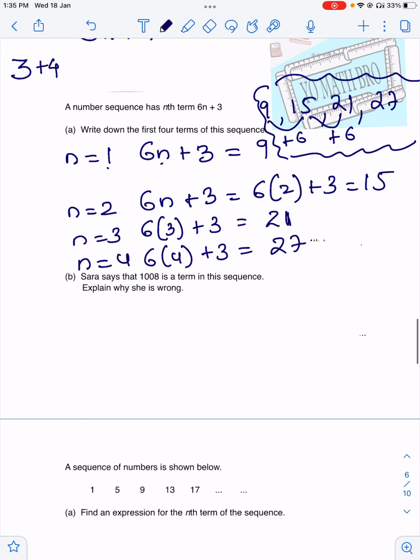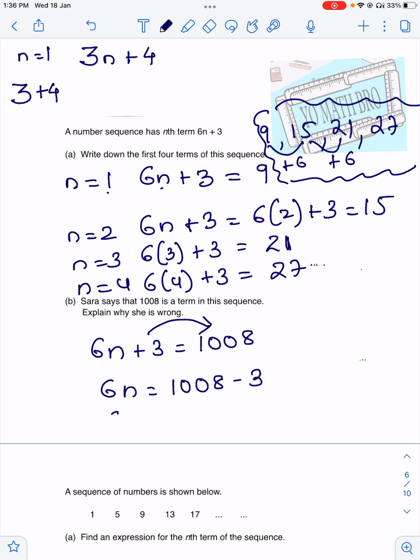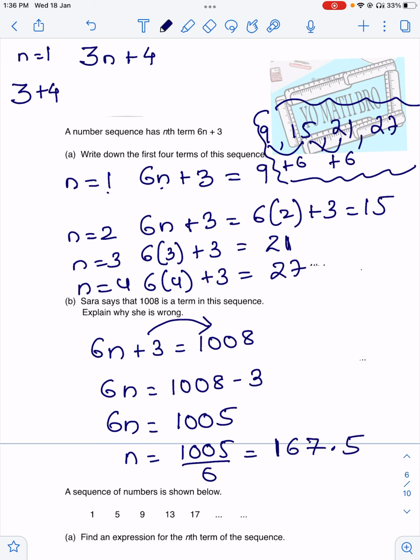Now Sarah says that 1008 is a term in this sequence. Explain why she is wrong. So we know that it's wrong, but we need to prove it. How? Using the formula 6n plus 3 is equal to 1008. 6n is equal to 1008, plus 3 goes that side, my dear students, becomes minus 3. So 6n is equal to 1005. n is equal to 1005 upon 6. 6 ones are 6, 6 sixes are 36, 6 sevens are 42, 6 fives are 30.